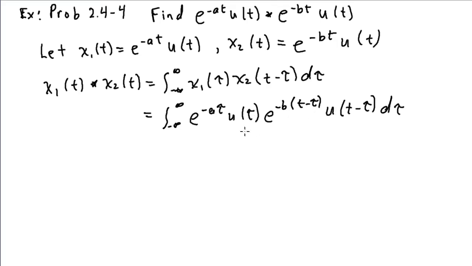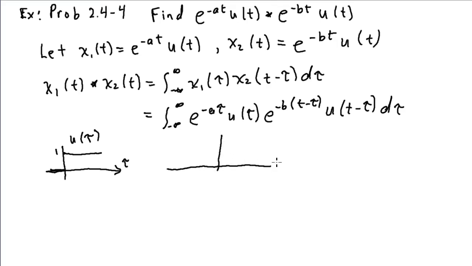And now u of tau, of course, is a function that looks like this. U of tau as a function of tau. We're familiar with that. It's 1 for all tau greater than 0 and 0 for all tau less than 0. So because that's in the integrand here, that would change our lower limit from minus infinity to 0. U of t minus tau as a function of tau looks like this.